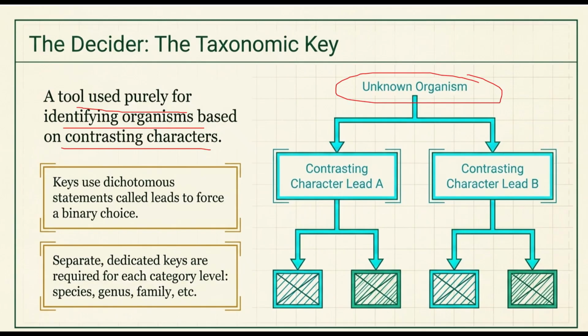We will take contrasting characters, lead A and lead B. Okay, and by further studies, we will find the organism. So keys use dichotomous statements called leads, offering a binary choice. So separate dedicated keys are required for each category level, like species, genus, family, etc. Got it?